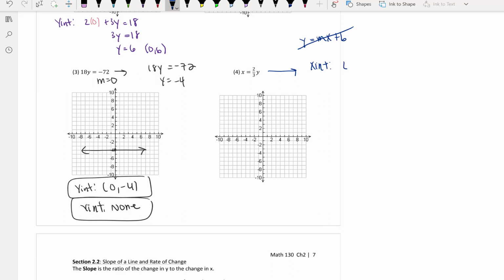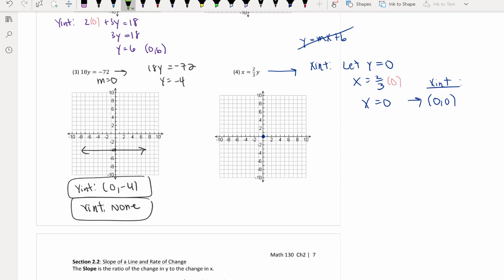Well, that tells me that I'm going to let my y value equal to 0. So then x is equal to 2/3 times 0. So then x is equal to 0. So then my x-intercept here is 0, 0. So, okay, here is my 0, 0.